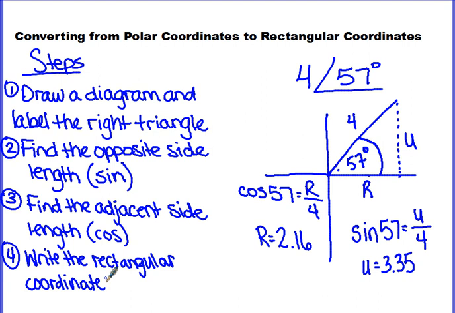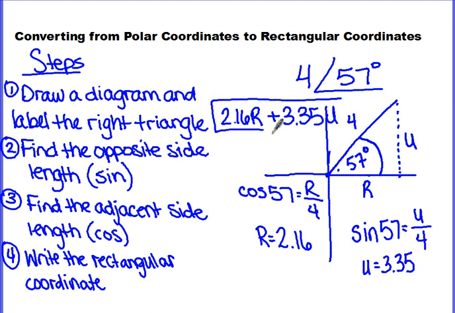So our r value is 2.16. Now notice r from the origin is on the positive axis, so 2.16 is positive, and we're going to label it r. u is 3.35. Now notice 3.35 is also on my positive axis, so it's going to be plus 3.35, and we're going to label it u. And that is how we would write a rectangular coordinate.